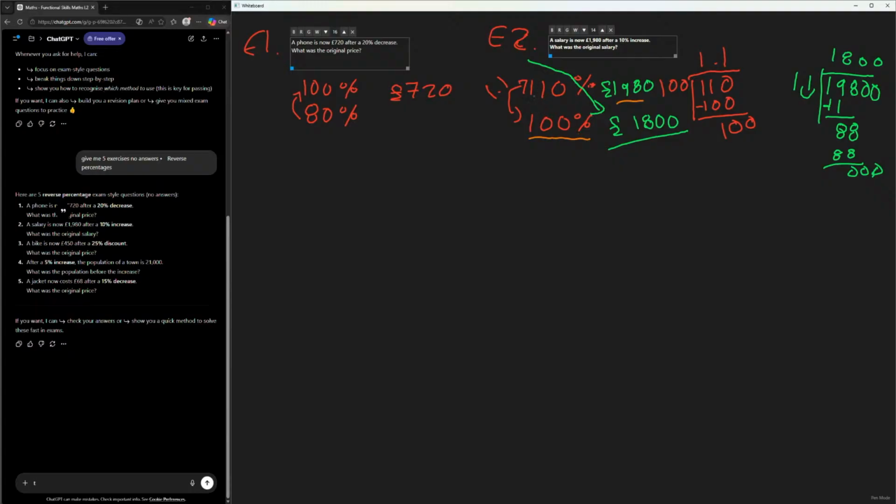I don't know exactly what it's called, but the second step is to find the modifier from these two. Then we divide by the new price.